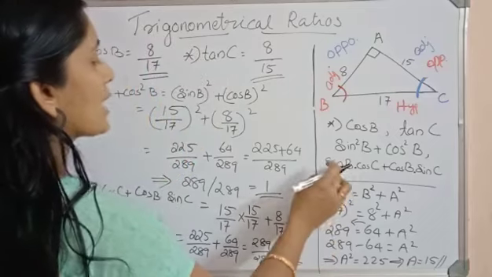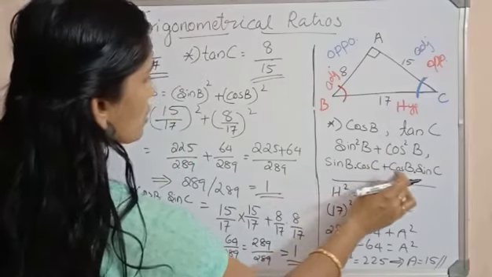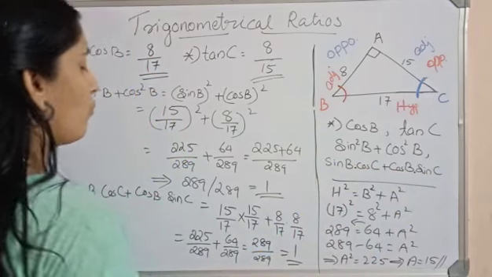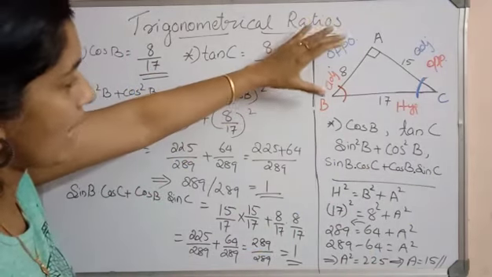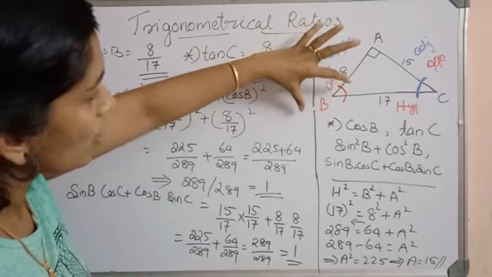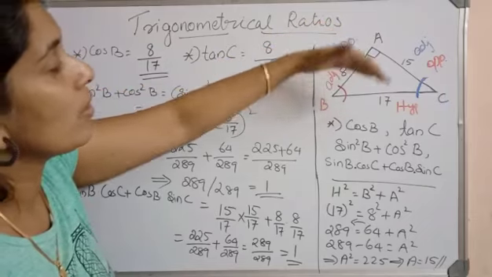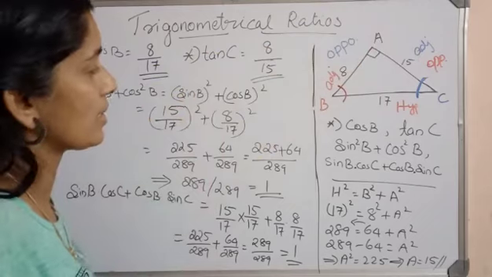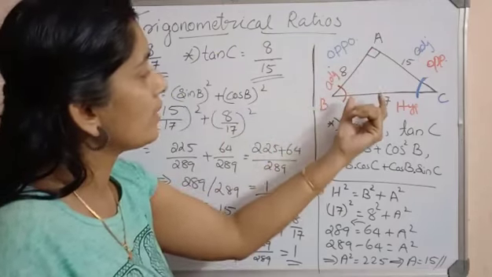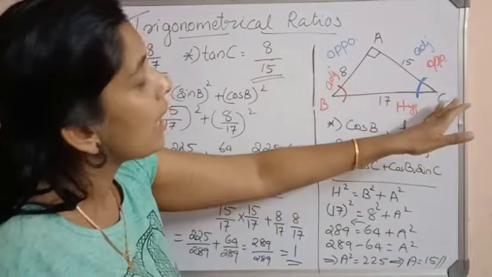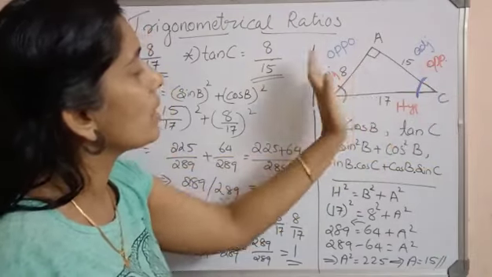So the value of sin B cos C plus cos B sin C is equal to 1. Here always remember that according to the angle of reference, you need to find the opposite side as well as the adjacent side. Whenever B is the angle of reference, you get the corresponding values, and when C is the angle of reference, your values will change.